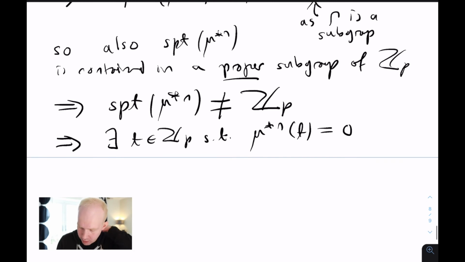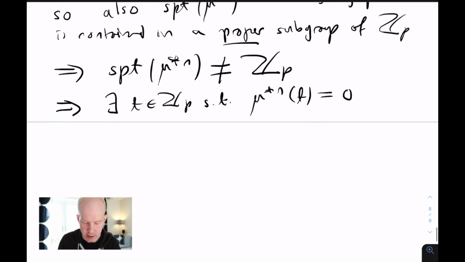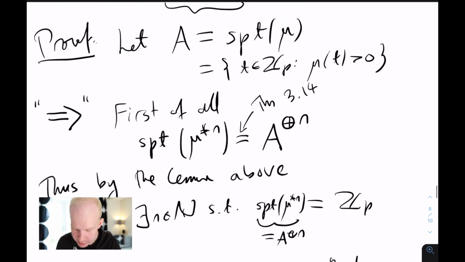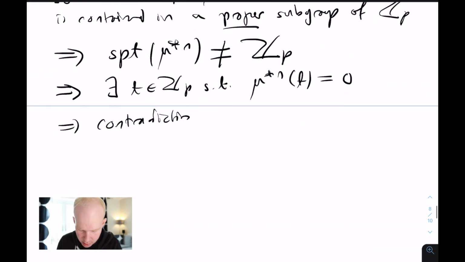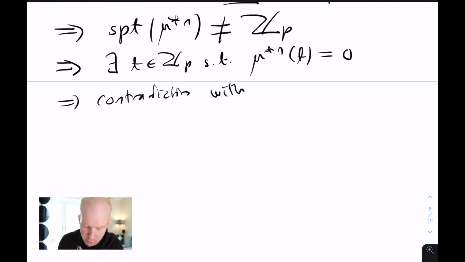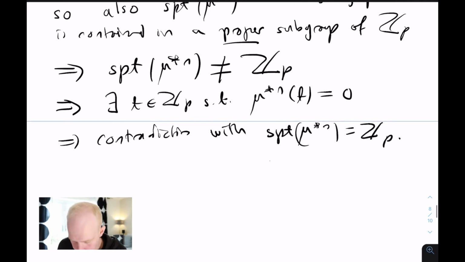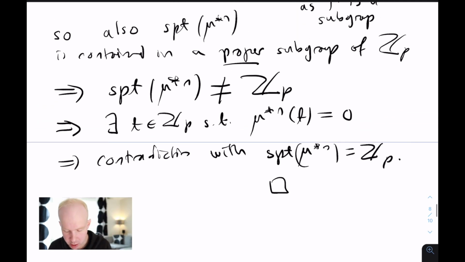So it has to have a point where it doesn't have any mass, and this is a contradiction with the statement that the whole support is the whole space ZP. So, contradiction with the support of mu star n being equal to ZP, which would prove the claim.